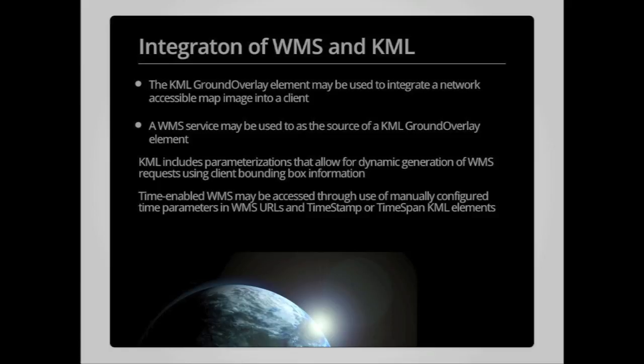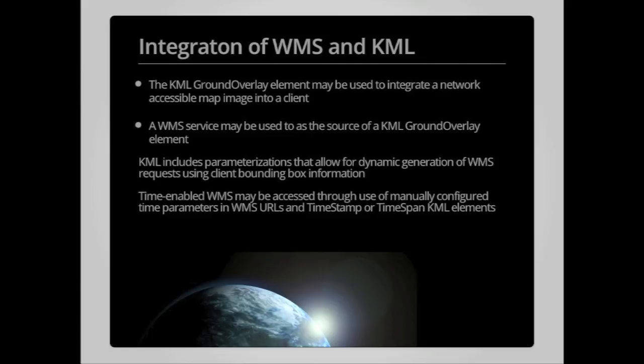And a part of the KML specification actually defines the ability to have the client define the bounding box information and other information that would be dynamically associated with the state of the client. So as a user zooms in and out of a particular window, the client can modify the bounding box information that is submitted as a part of the WMS request.